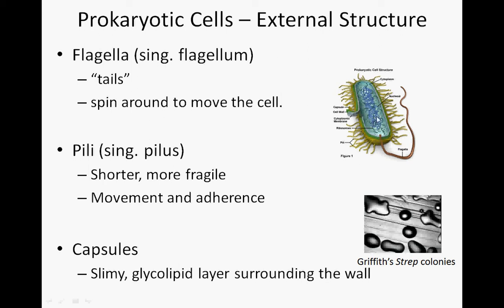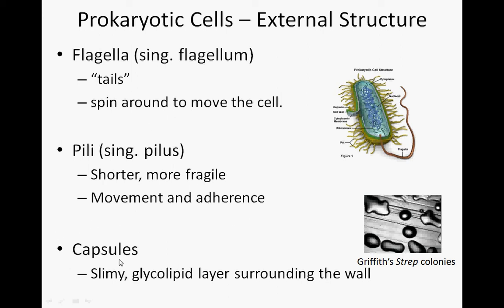So they wiggle around and they help propel a cell forward. Pili are also involved in cell adherence. So these guys, by their very tips, sometimes help anchor and stick this cell to a particular surface that they might be interested in sticking to. So those two guys are involved in motility and to a lesser extent adherence.